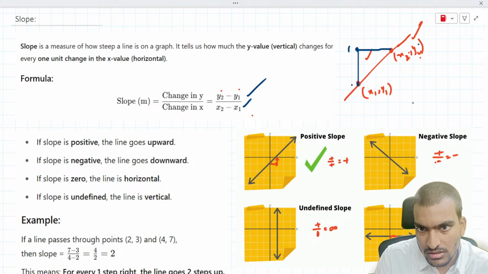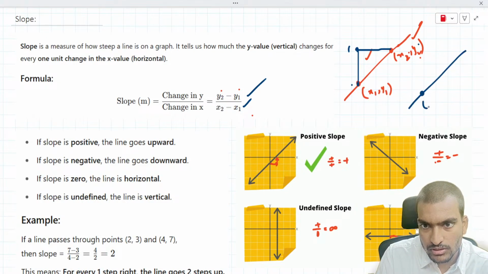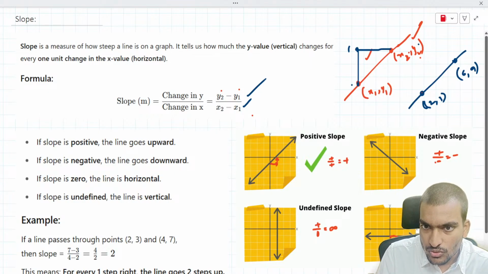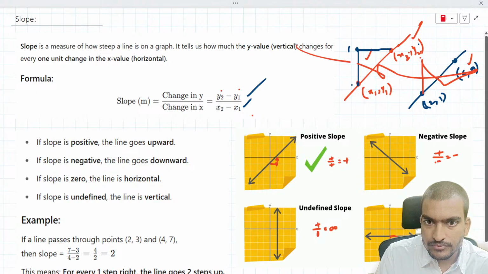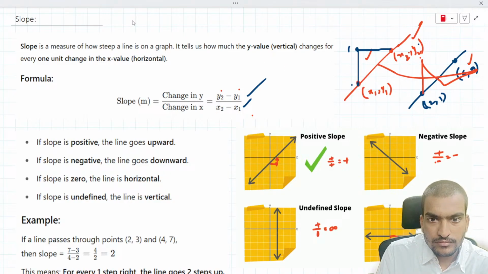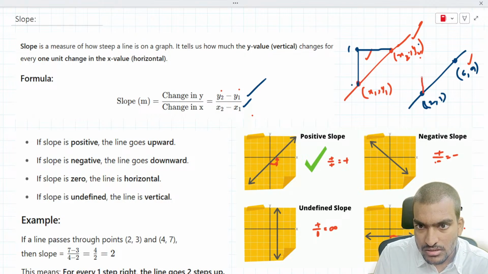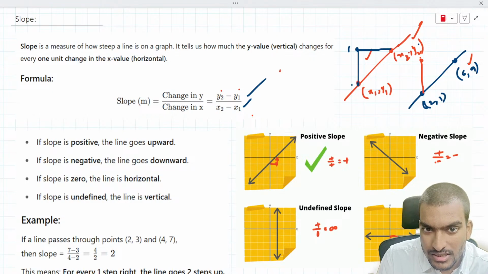Let's say, what is the slope of some random line? Let's say one point is 2 comma 3, and the other is 6 comma 9. What is the change in y? It's 9 minus 3.